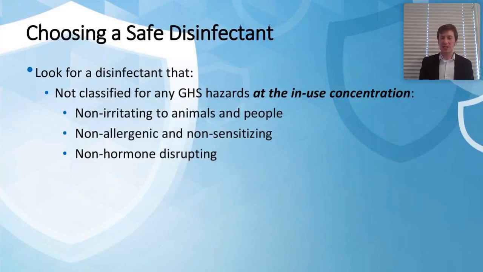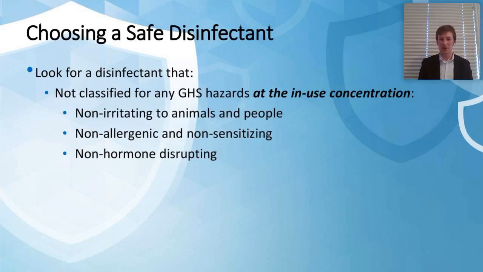So in terms of tips, once we read this and figure out what's going on, for choosing a disinfectant that's going to be safe for people and animals, we want to look for a product that's going to be not classified for any of these GHS hazards at the in-use concentration. And the reason that I make the distinction between in-use concentration is because if you get a product that's a concentrate, it may have different safety considerations once you actually dilute the product.